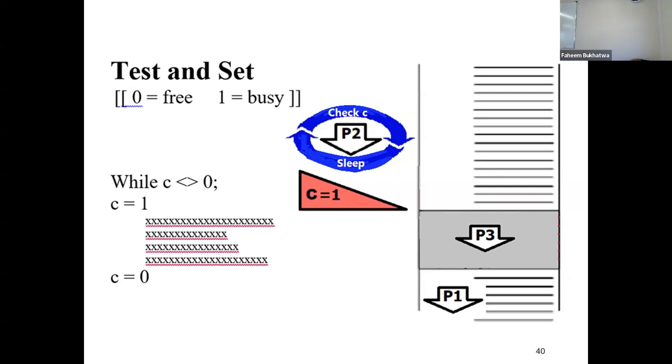So in computing, I probably told you this before, if you want a resource, you only ask for it once. If it's free, you'll be given that resource. What if it's not free? You go to sleep, and the operating system will wake you up when it becomes free. That is not done in this test and set.